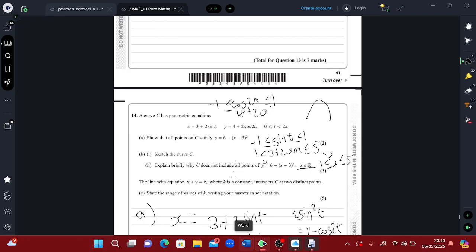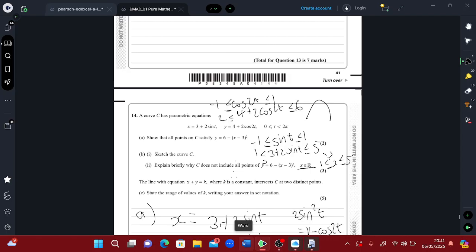So then 2 cos 2t, double that, so -2 to 2, and then add 4 to both sides. So -2 add 4 will be 2, and then 2 add 4 will be 6. So this is y.